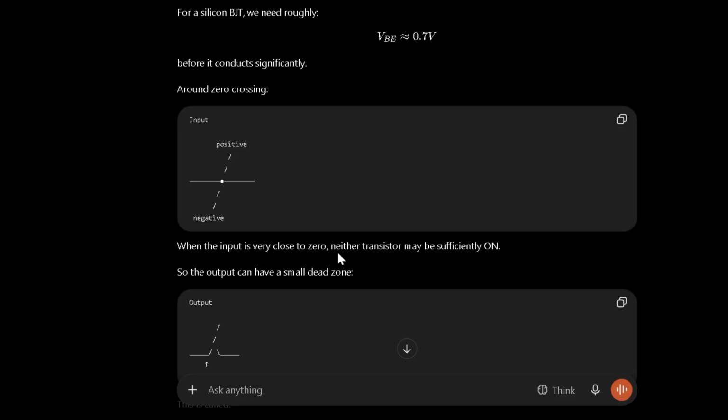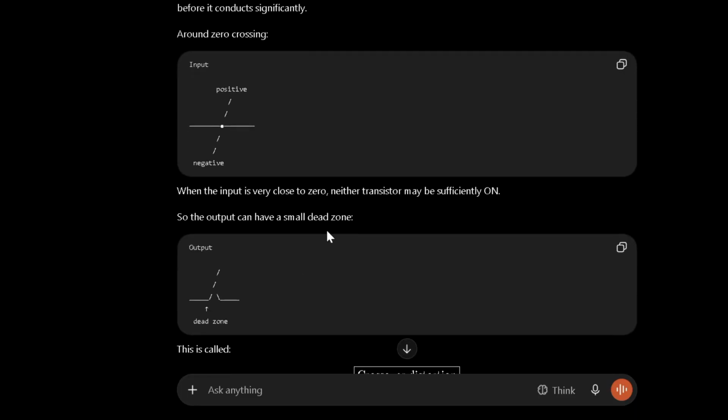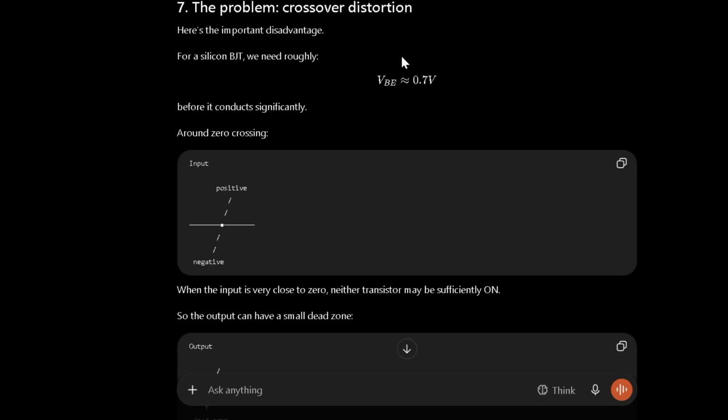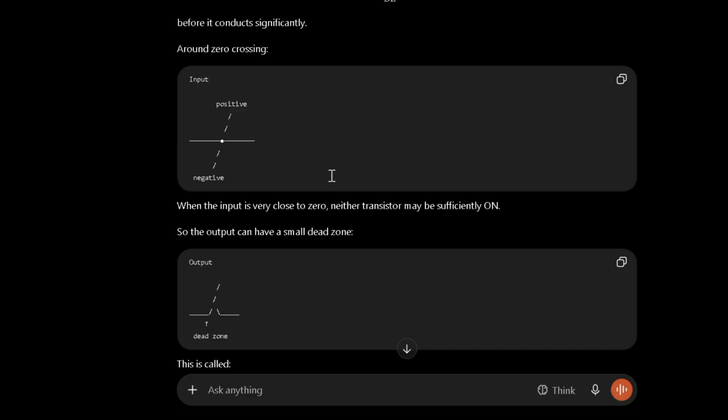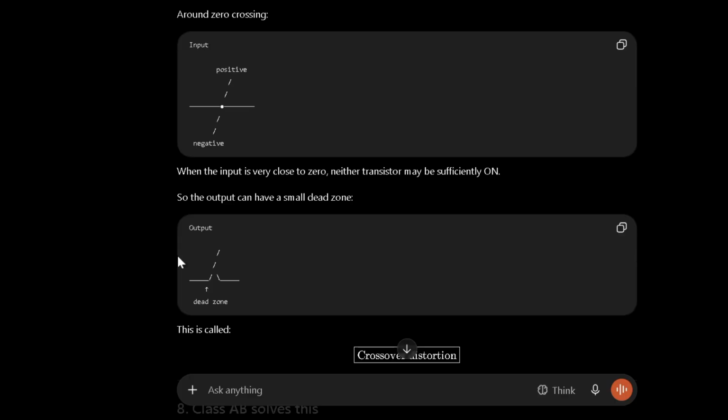When the amplified AC signal, for example from an RC coupling, arrives, the NPN and PNP are not getting enough 0.7 volts, so they don't get switched on. At the beginning there will be a dead zone where we lose some information. This is called crossover distortion.